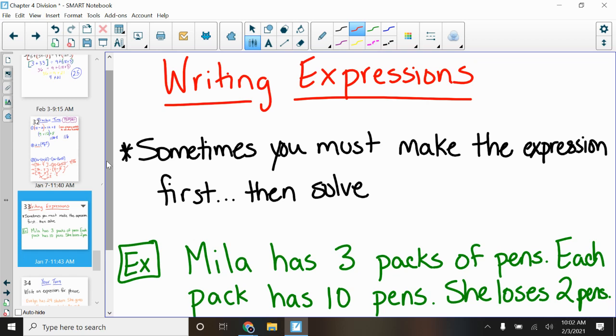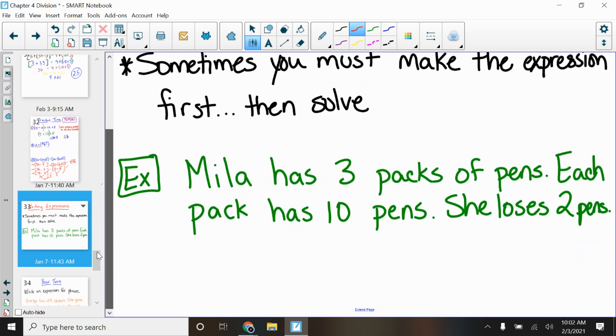Sometimes when you're looking at a word problem, it's your job to figure out what expression to write, what math sentence to write. So if this is the math story, the word problem, I want you to write a math sentence that tells me what's going on in that story.